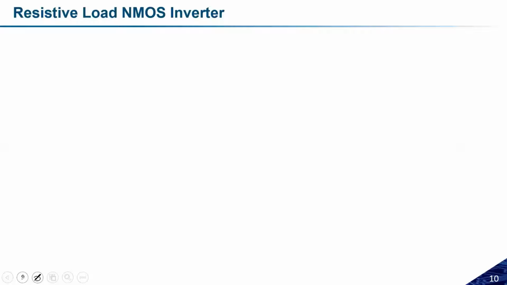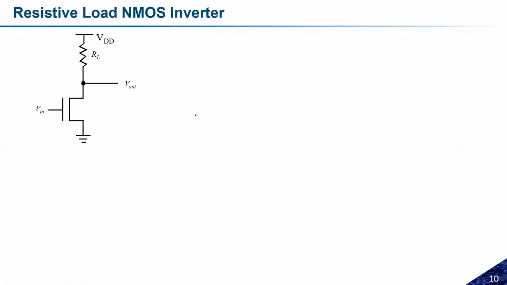Let us start with one of the basic circuits, the resistive load NMOS inverter. This is the basic structure which we have already studied. Let us try to understand how this circuit will behave and on what different combinations it will work.